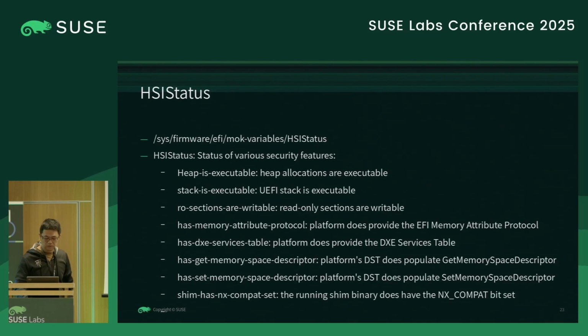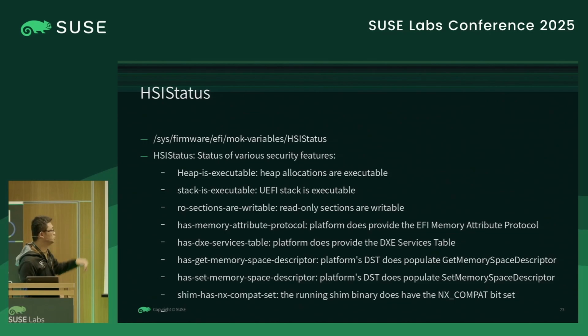The point is Shim now exports one variable. The name is HSI status. It exports some information because the memory region of the Shim is allocated by the loader in the firmware.